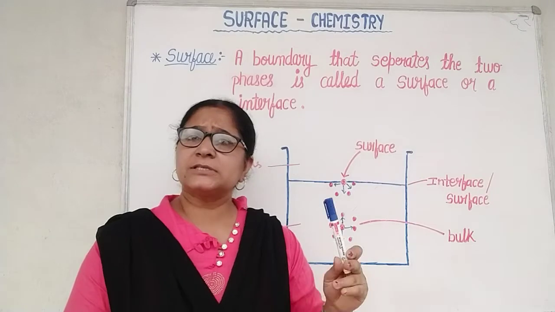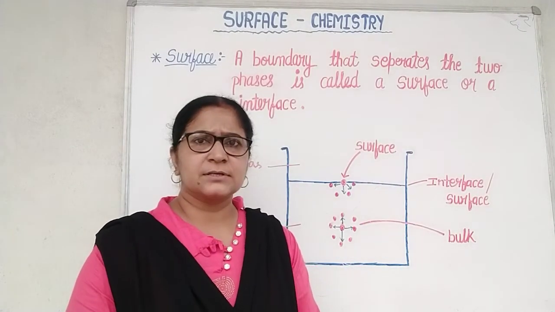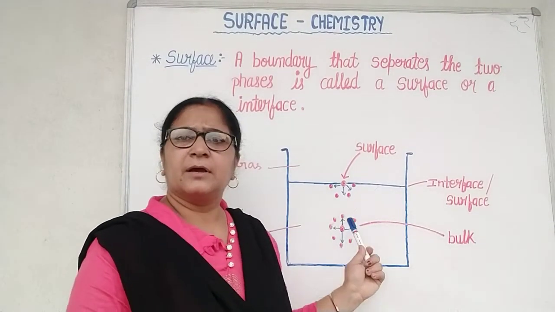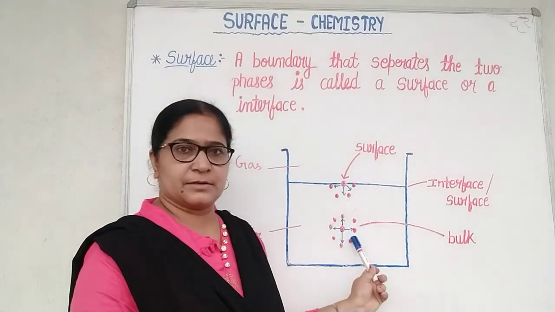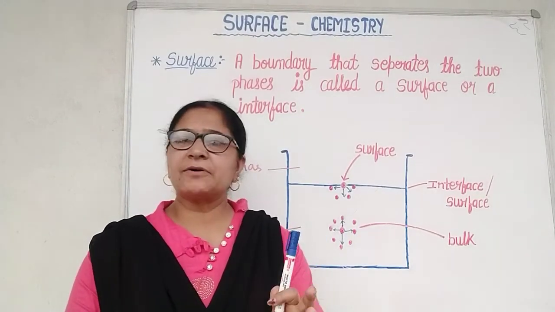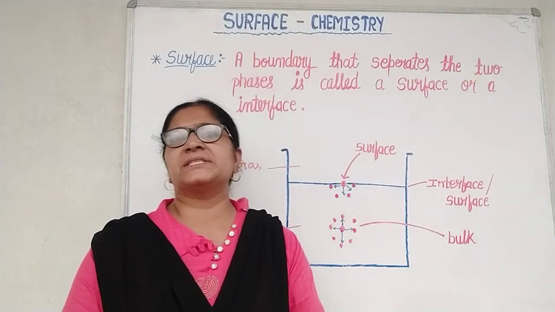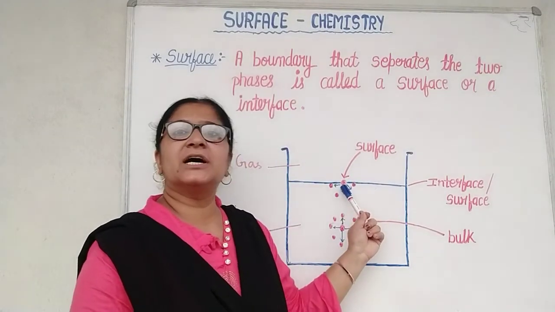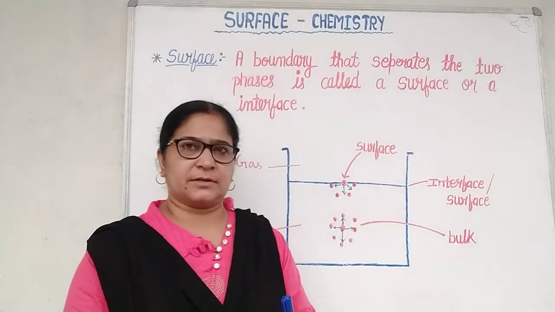Now this kind of particle is not surrounded by an equal number of particles, if we compare it with the particles which are present in the bulk. So this is the one which is present in the bulk, while this is the one which is the surface particle.